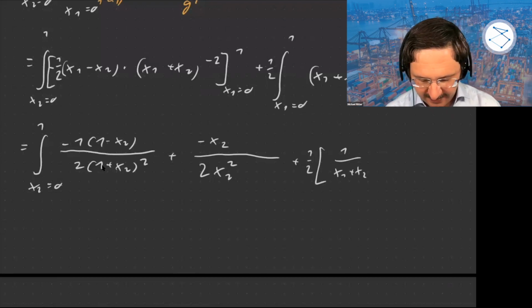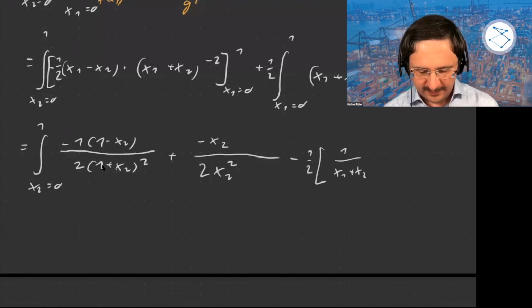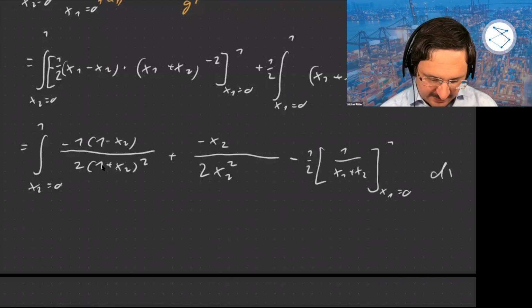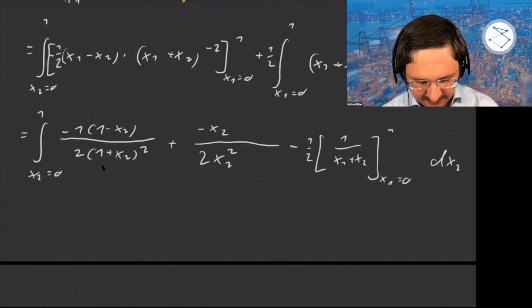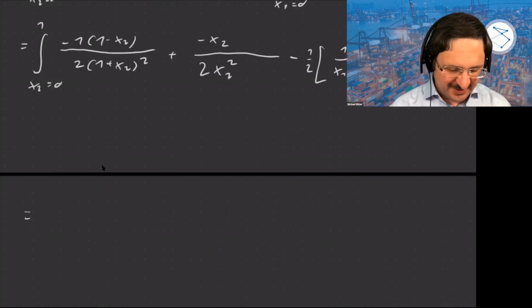And we have to divide that by -1, so we just take out that minus and write it here. And again, boundaries x1 from 0 to 1. And let's close the outer integral. Okay, so we're almost done with the inner integral.